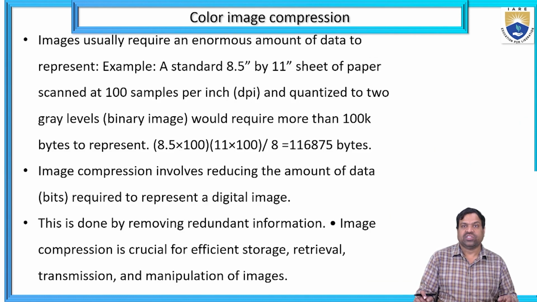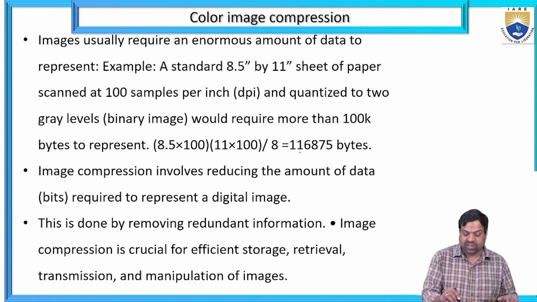Images usually require an enormous amount of data to represent. Example: a standard 8.5 inches by 11 inches sheet of paper scanned at 100 samples per inch and quantized to 2 gray levels, or a binary image, would require more than 100k bytes to represent: 8.5 into 100 into 11 into 100 by 8.